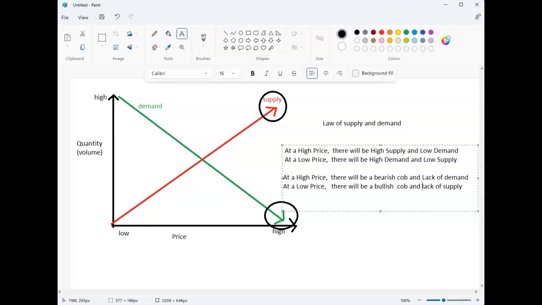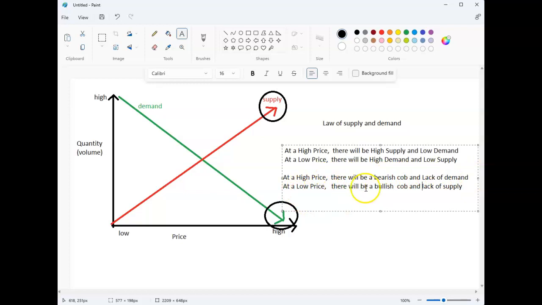Okay, all right. So from the perspective of supply and demand, the base of everything, at a high price there will be high supply and low demand. At a low price there will be high demand and low supply. Turning this into Wyckoff words. At a high price there will be a bearish change of behavior and a lack of demand.